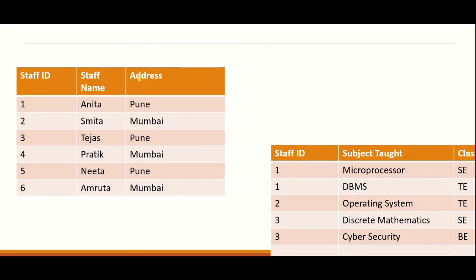These are two tables. This is the staff table with staff ID, and this is the subject taught table. If you note, this is the primary key and this is going to be our foreign key. This subject taught table refers to values of IDs from the staff table.